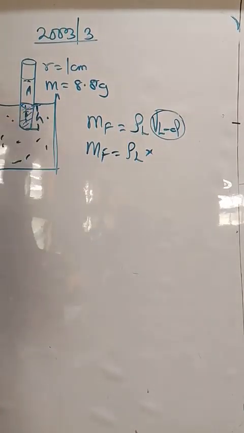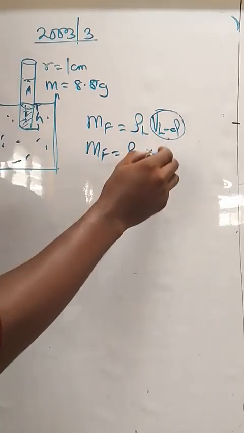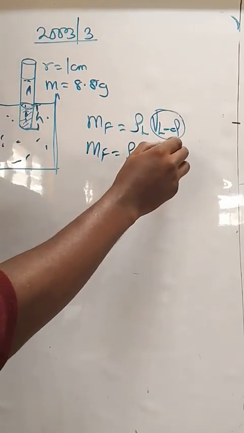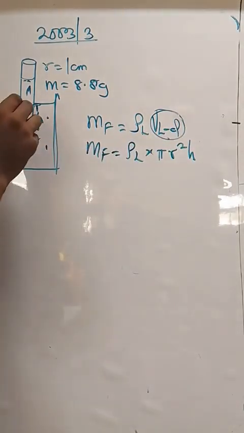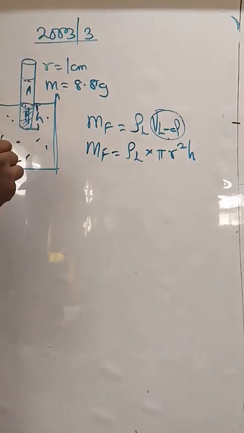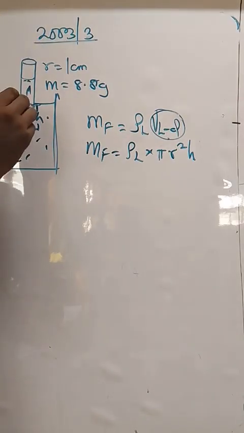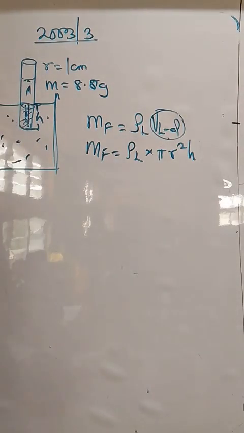Since this is a cylinder, the volume displaced is going to be pi r squared h. And this h is not the full height. We don't have the full height. All we need is the height inside, because that is the volume it's going to displace.